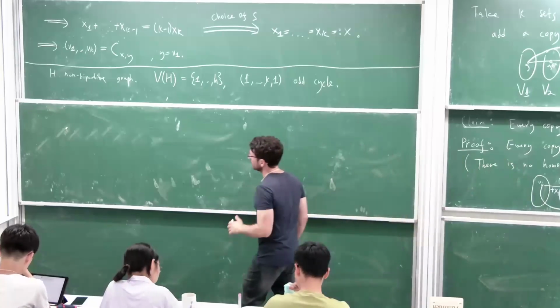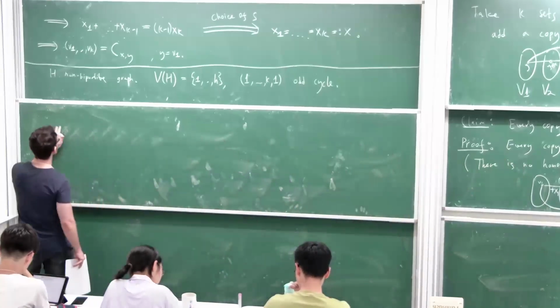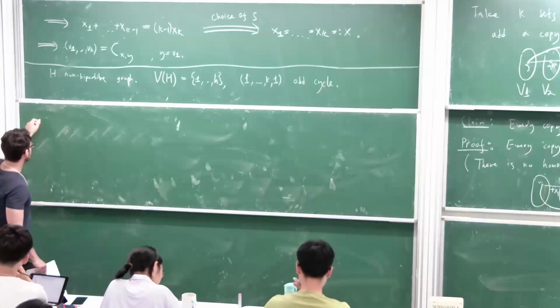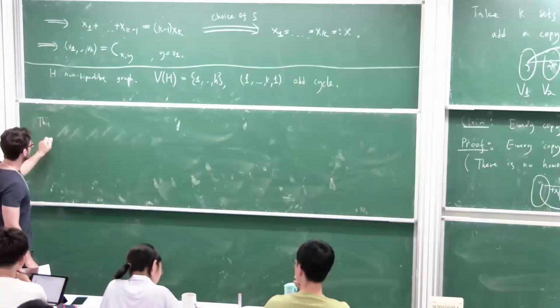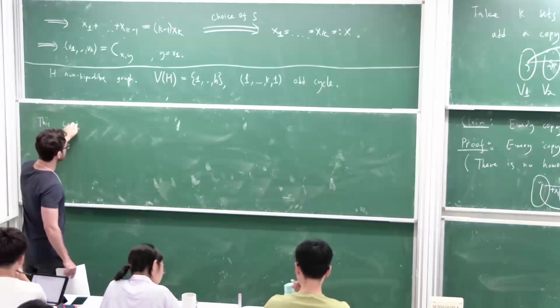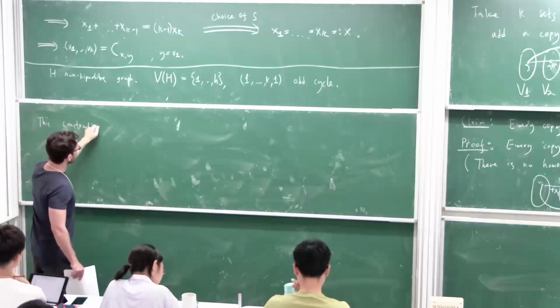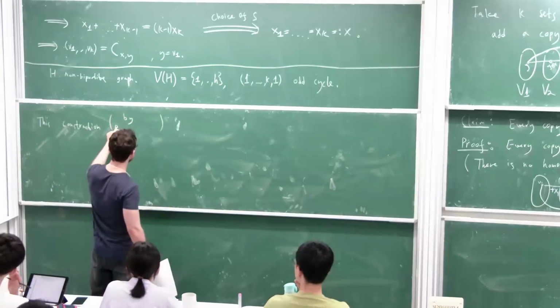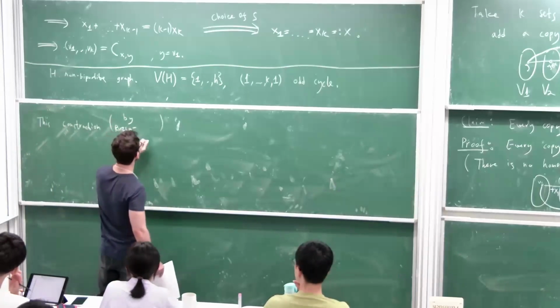So actually before I continue for general H, there's one remark that I want to make, is that this construction, the construction we just saw, the idea for this construction is by Ruzsa and Szemerédi.